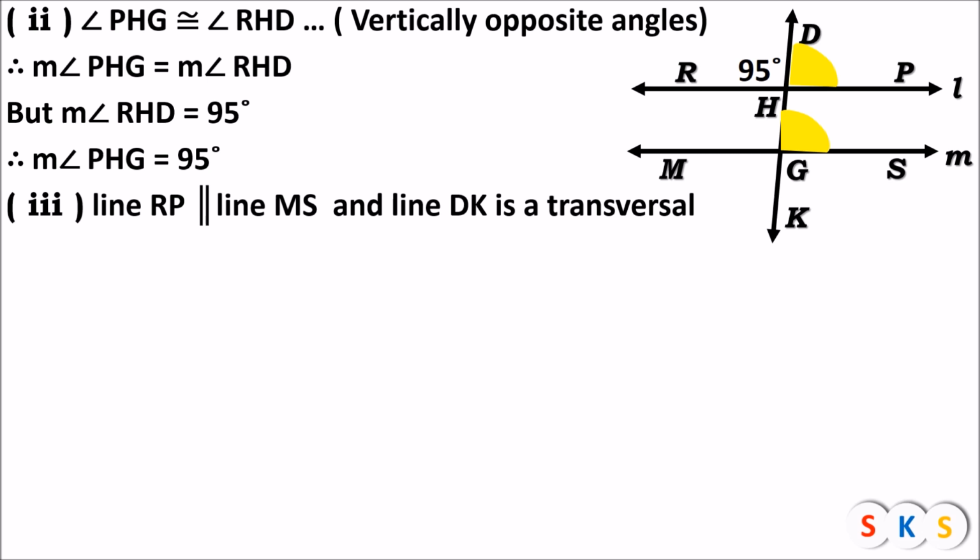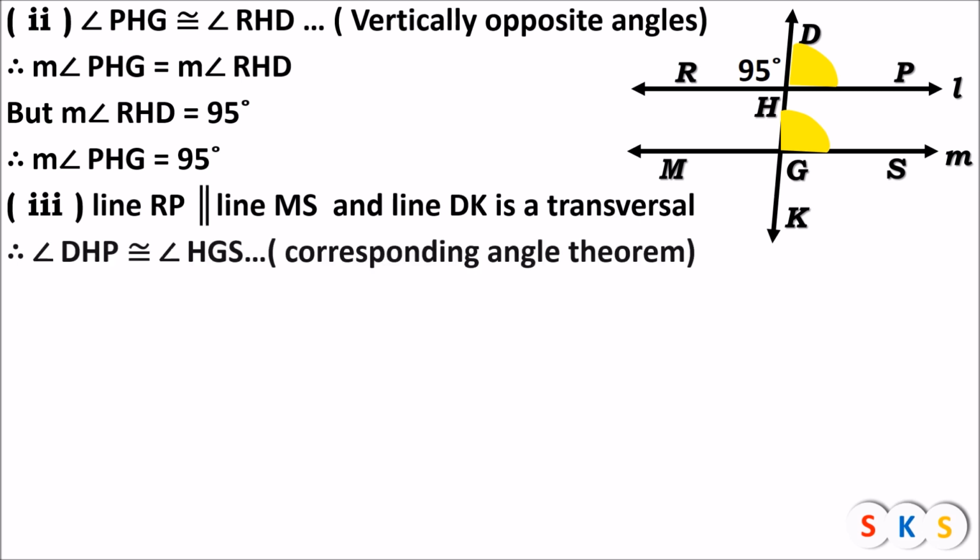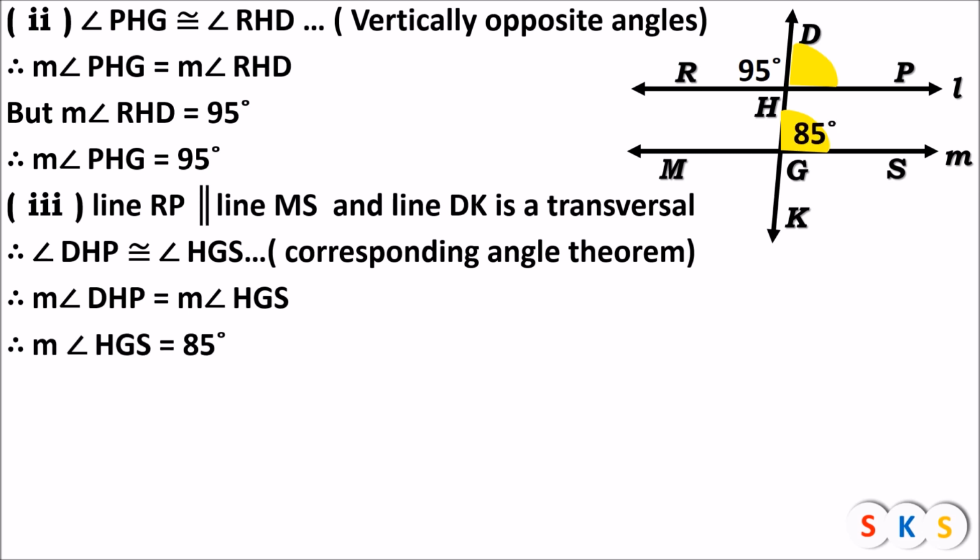And we know that corresponding angles are congruent when the lines are parallel. Therefore, angle DHP is congruent to angle HGS by the corresponding angle theorem. Therefore, measure angle DHP equals measure angle HGS. Therefore, measure angle HGS equals 85 degrees.